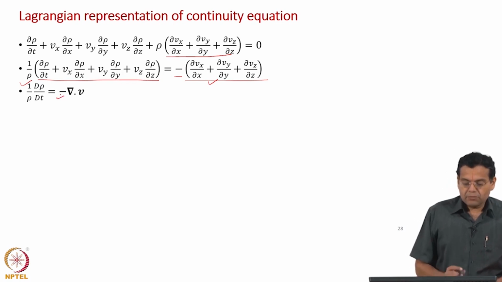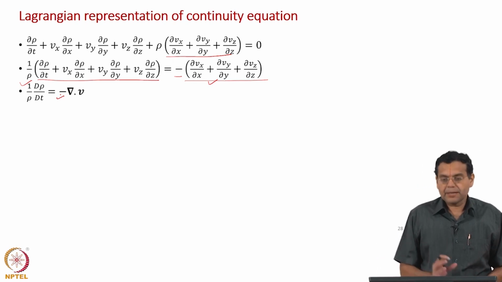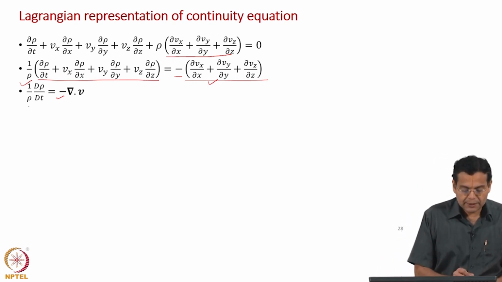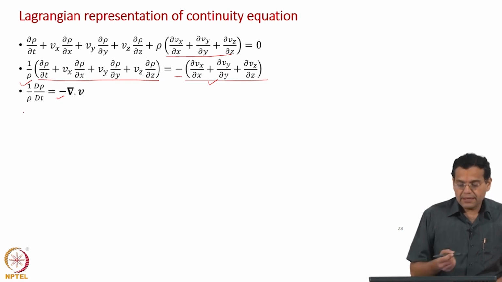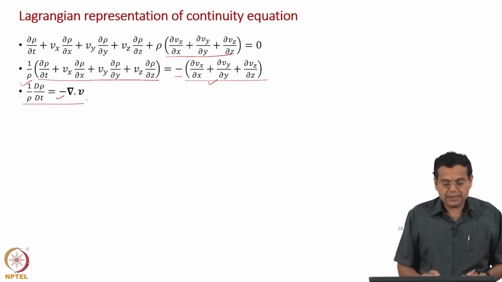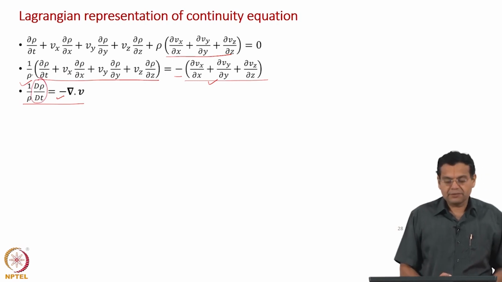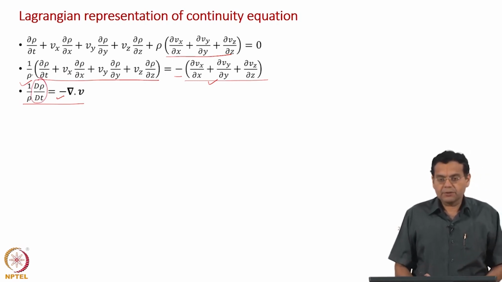So, what we did is took the continuity equation which we have derived, applied the product rule, did a simple rearrangement, and then we could express the continuity equation from a Lagrangian point of view or a material particle point of view. Why is it Lagrangian? Because we have d rho by dt on the left hand side, which is the substantial derivative, which is the derivative following a fluid particle.